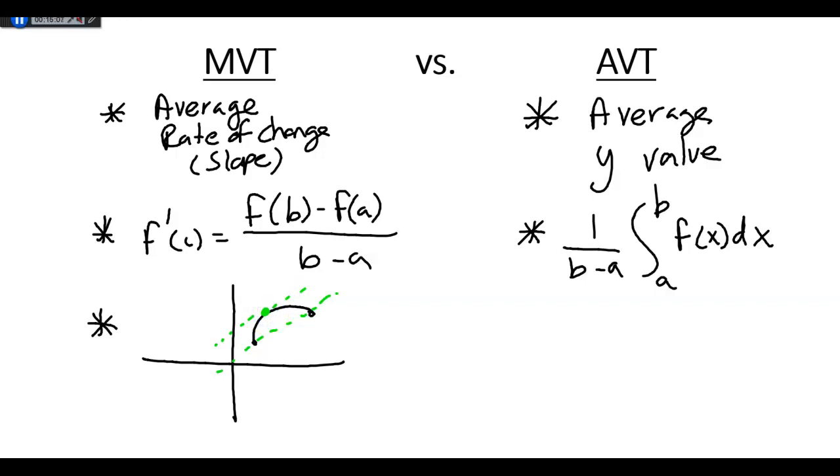Whereas for the average value theorem, it's about drawing a horizontal line so that the area above matches the area below. Okay, so there's the geometry of the matter. So we want to make sure we see this from a concept, an algebra, and a geometry perspective, because you need to recognize and understand them from all three angles.